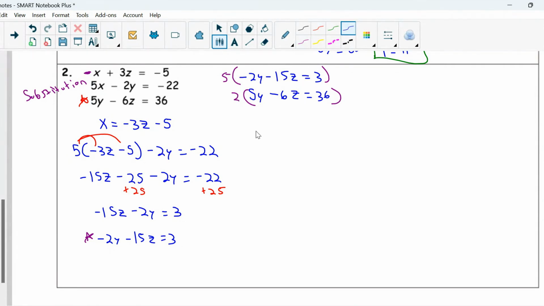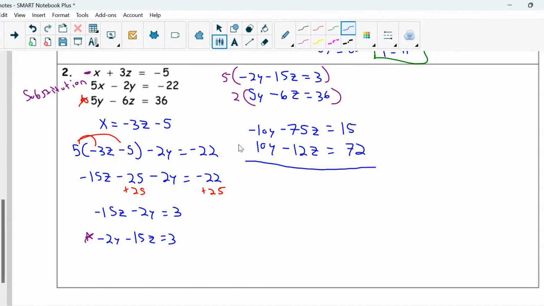Okay, let's go ahead and do that. 5 times negative 2y gives us negative 10y. 5 times negative 15 gives us negative 75z equals 5 times 3, which is 15. In our second equation here, we have 2 times 5y, which is 10y, 2 times negative 6z, which is negative 12z, 2 times 36, which gives us 72.